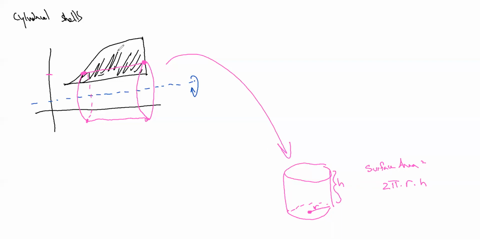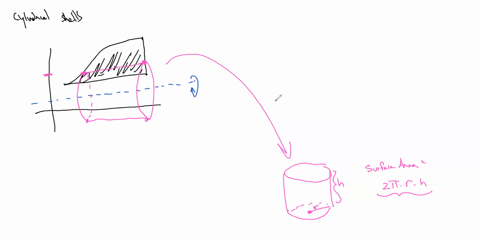So what we ultimately want to do is create an integral in which we're integrating 2 pi times r times h, where r and h are these variable functions that depend on the chosen value that we're looking at.